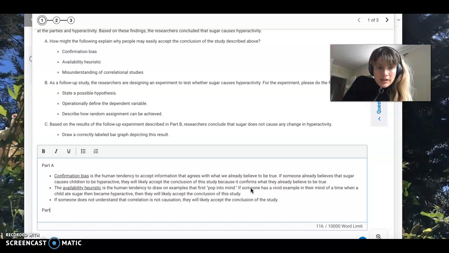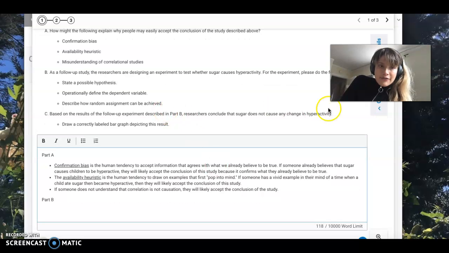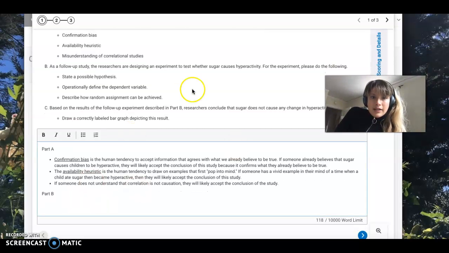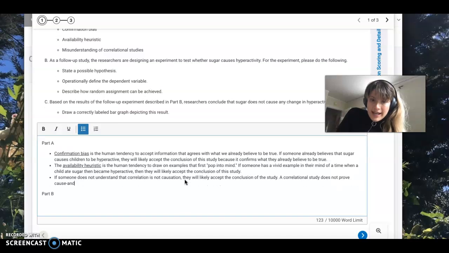Okay. Part B. As a follow-up study, the researchers are designing an experiment to test whether sugar causes hyperactivity. So actually I'm going to add that here to make my response a little stronger. I can say a correlational study does not prove cause and effect.